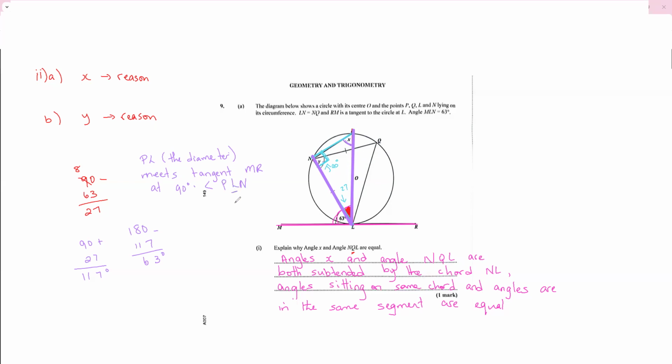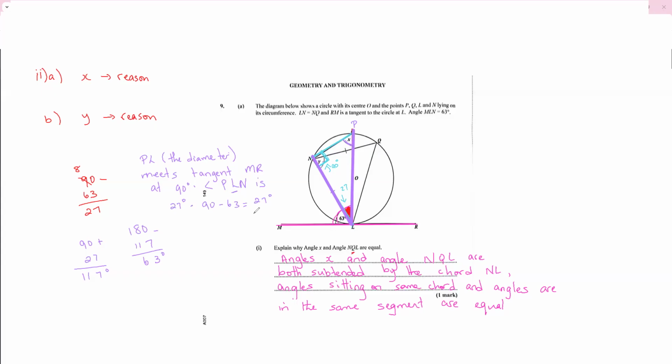Remember the letter at which the angle is at, so this angle here, let me shade it over in green to make sure we see it. This angle here is at L, so you want to show that in the middle of the points. So angle PLN is 27 degrees, right? It's already showed you working, but if you want, you could show it again: 90 minus 63 equals 27 degrees.